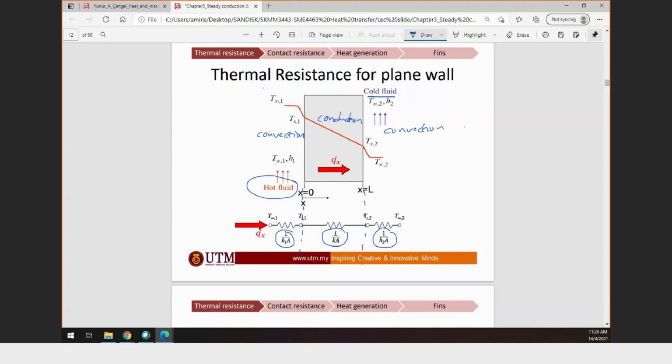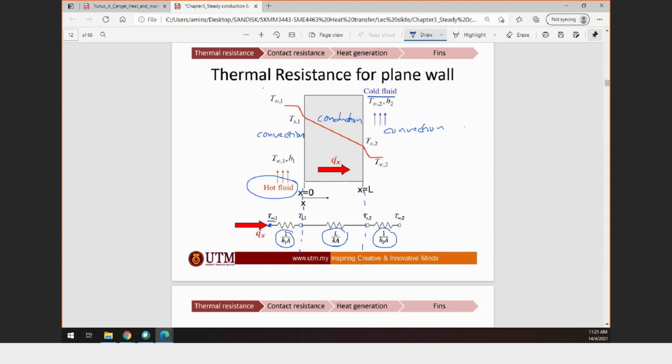Okay, so the temperature of each surface or each section representing the temperature before the resistance. So this is T surrounding at hot region.